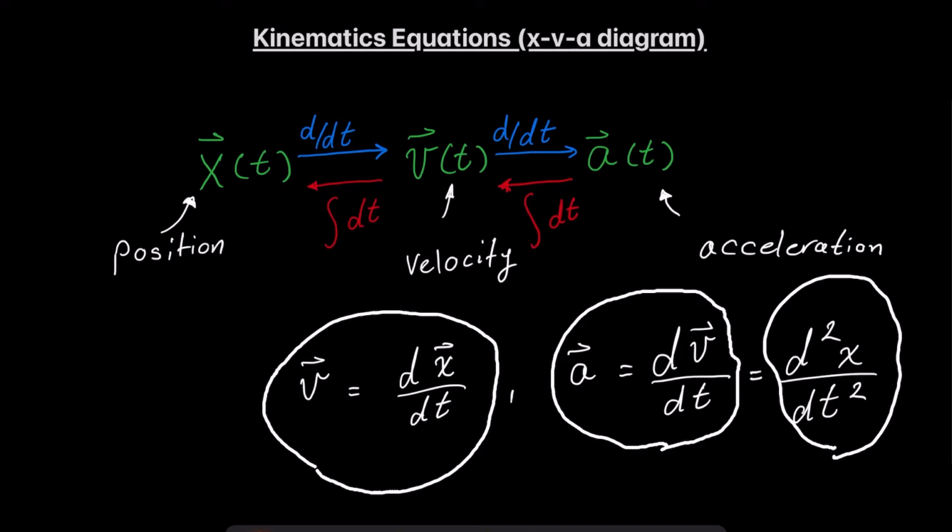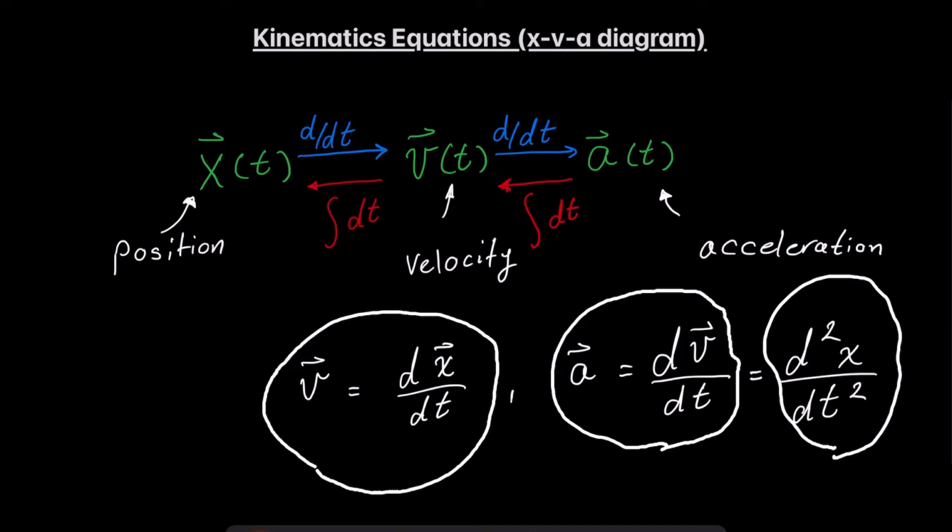We are also, in other videos, talking about the difference between scalars and vectors. In this particular lecture today, we're going to be looking at these vectors x, v, and a. And in order to go the other way, we can use integration.